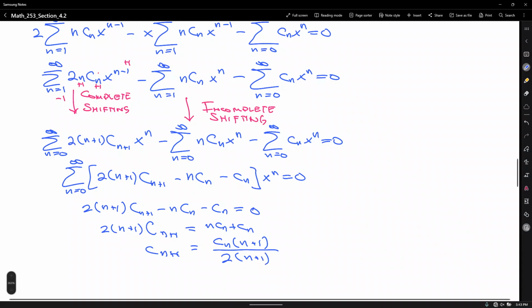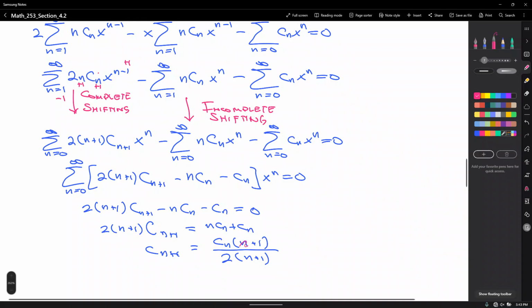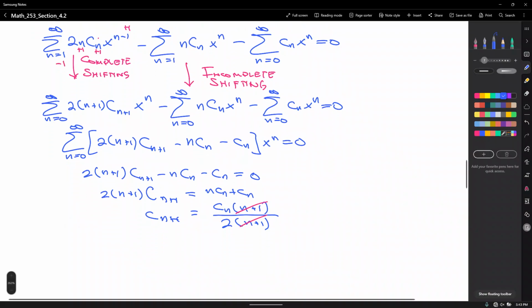Guys, factor as much as you can when you get to recurrence relations, because that's going to help a lot when we generate all of these coefficients. In fact, do you see how this goes away? The calculations will be reduced big time here.